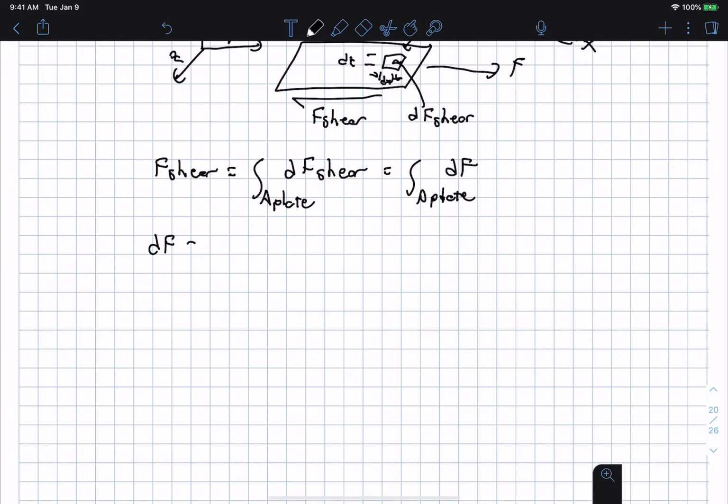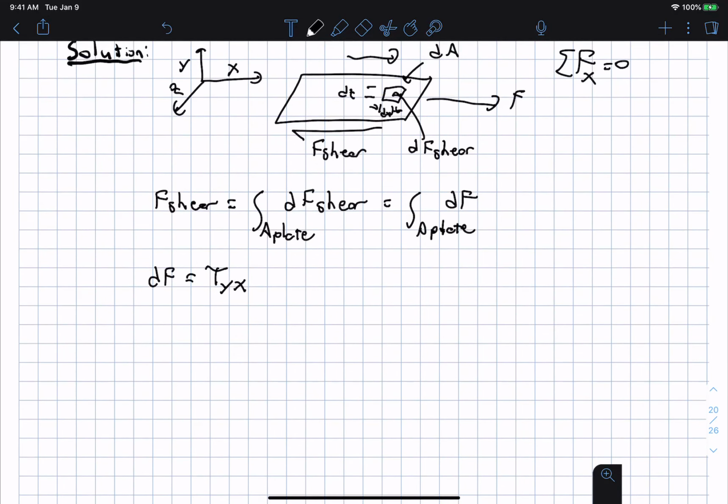So dF equals, well, we have a shear stress, tau xy, which is a shear stress acting on the y face in the x direction, times dA, because force is just stress times area. Our dA is dx dz. So dF is just tau xy dx dz.